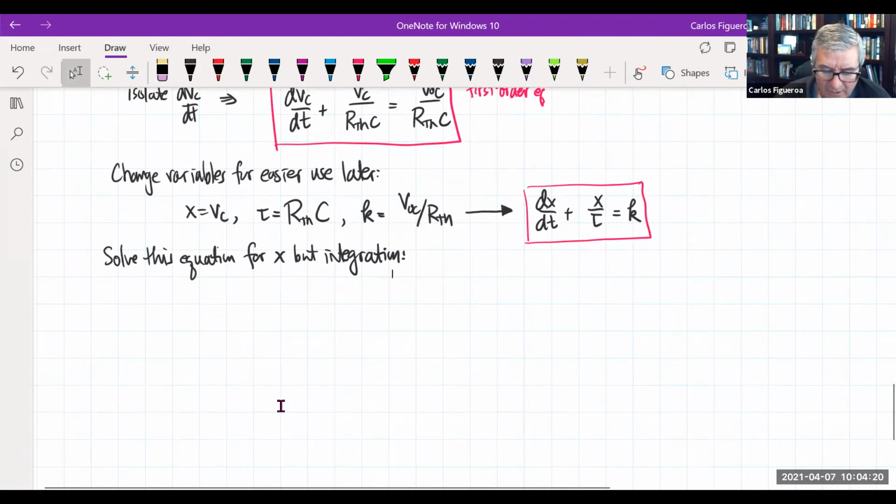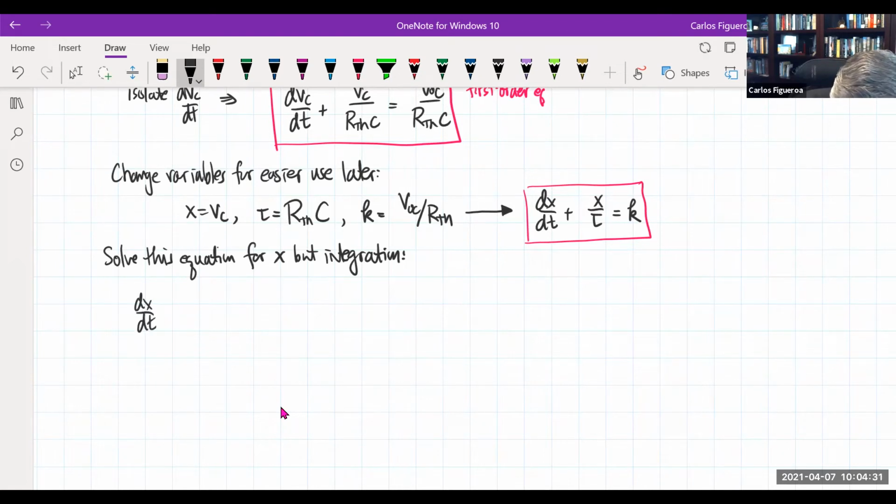Okay, so the way I'm going to isolate x here is that I'm going to rewrite, and I'm going to bring my x over tau term to the right. So then I'm going to go dx/dt, and then I'm going to get a common denominator. So I'm going to get a minus, and this is going to be x minus k tau divided by tau. So note that that is exactly the same.